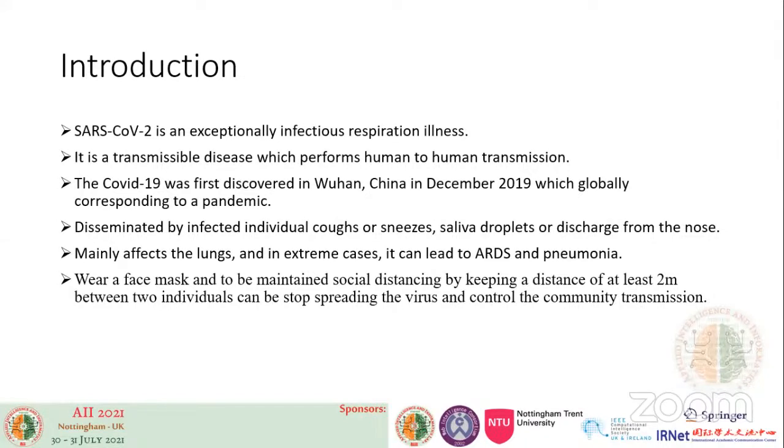It mainly affects the lungs and in extreme cases, it can lead to ARDS and pneumonia. The biggest difficulty is that no effective therapeutics have yet been reported, so the World Health Organization recommended us to wear face masks and maintain social distancing by keeping a distance of at least 2 meters between two individuals. Thus, it can stop spreading the virus and control community transmission.